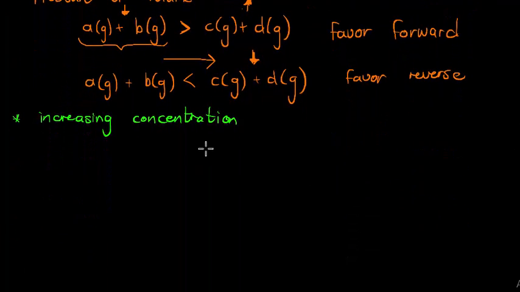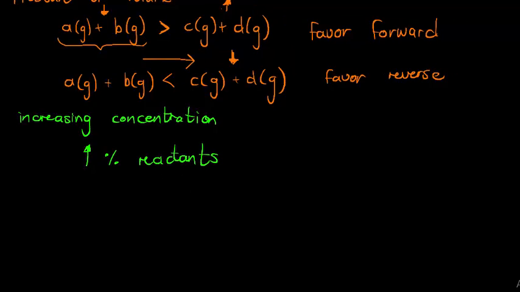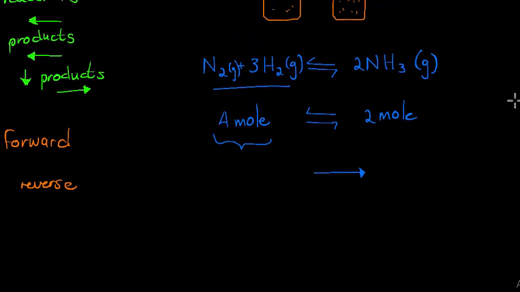Now the same goes for concentration. Literally what we mean when we say we increase the concentration is that I increase the percentage of reactants, however I do it. For example, in this reaction, if I were to increase the amount of nitrogen in the closed system, it means I'm increasing the concentration of nitrogen in the system, the amount of nitrogen per volume unit.